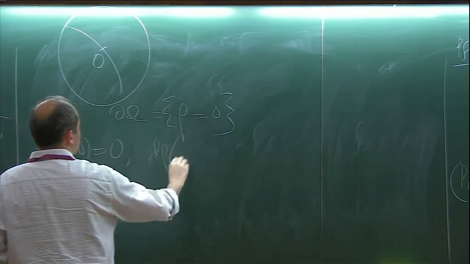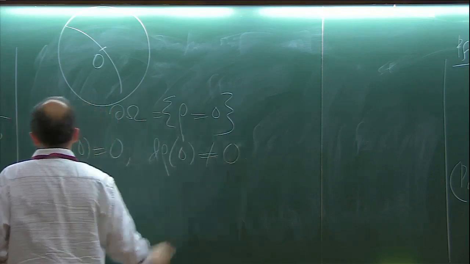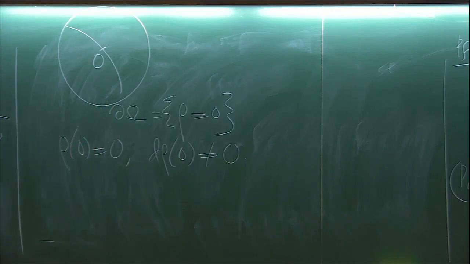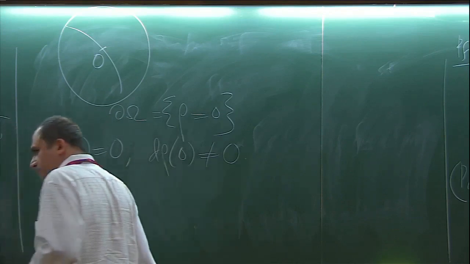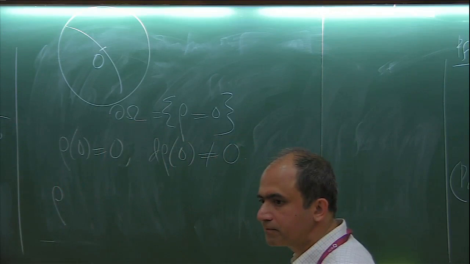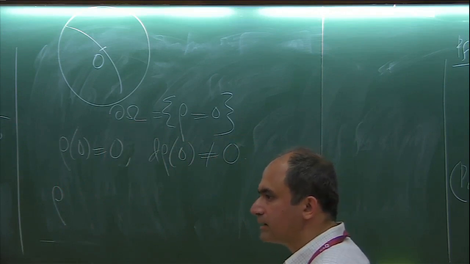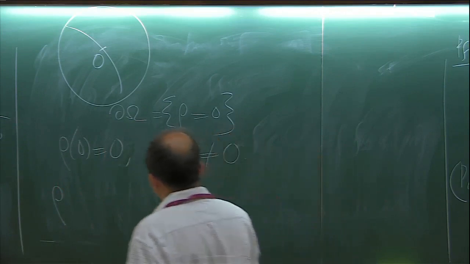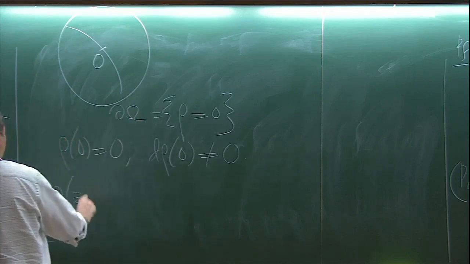Okay. So assume that rho of 0 is 0, and d rho is not equal to 0. So I can write down a convergent power series for rho in the variables x and y. But I'll replace x and y by z and z bar, and I will get a power series in z, z bar.